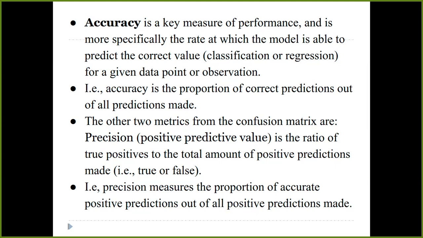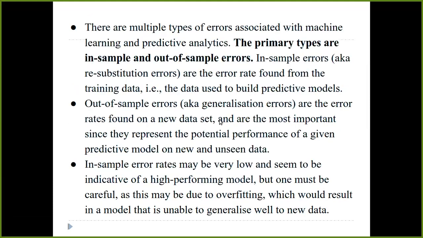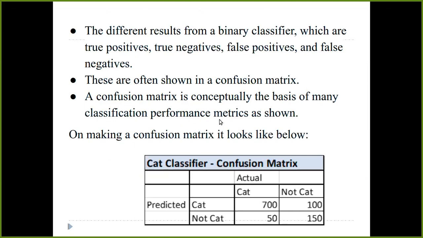Accuracy is the proportion of correct predictions out of all predictions made, be it positive or negative prediction. If both are correct, then it comes under the summation divided by all predictions. Here, under this category, I made the correct predictions, and under this category, I made the correct predictions.